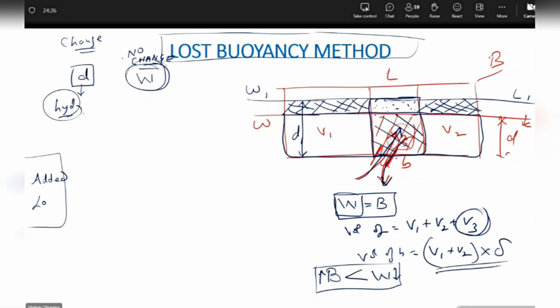And one more thing which is most important. If the bilged water in the compartment has a free surface, then under added weight method, since that water belongs to you, the free surface also belongs to you.